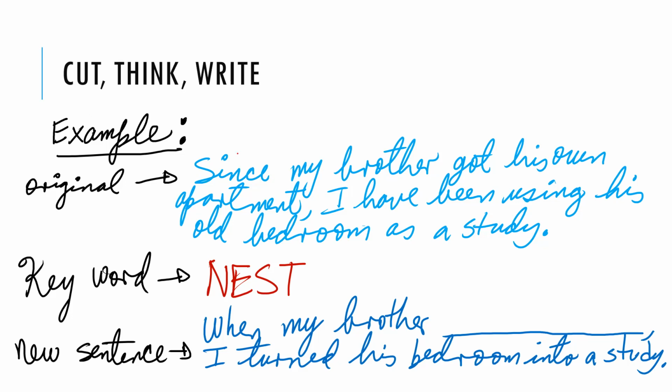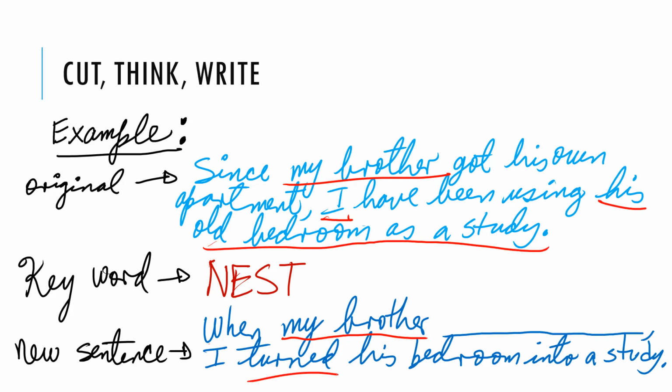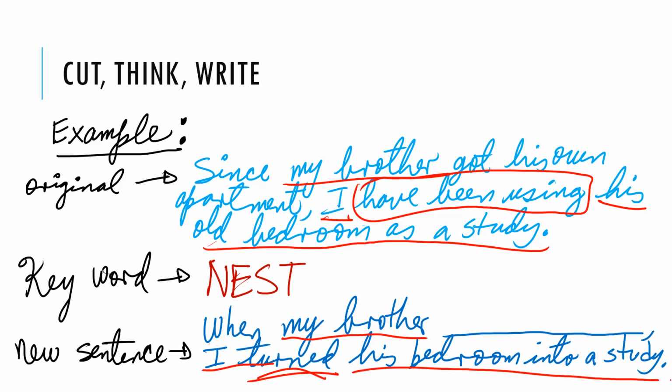So let's go with the last one. My brother here, and here I have "my brother," and then "I turn his old bedroom into a study." Okay, so "turn" will represent "have been using." So I have here "I," and then "his bedroom into study."